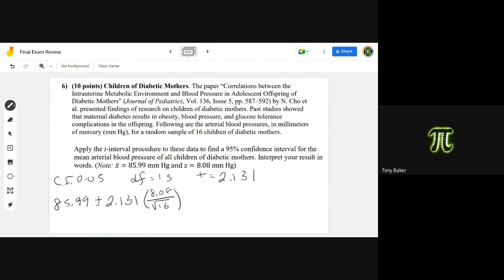The only difference is the T instead of the Z. So I get 81.69 to 90.29.